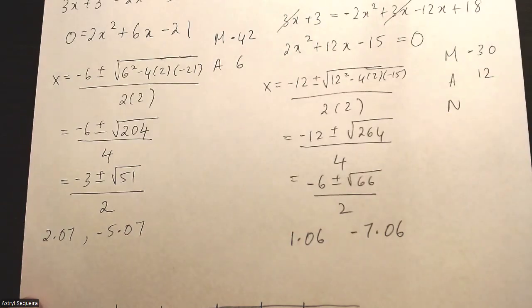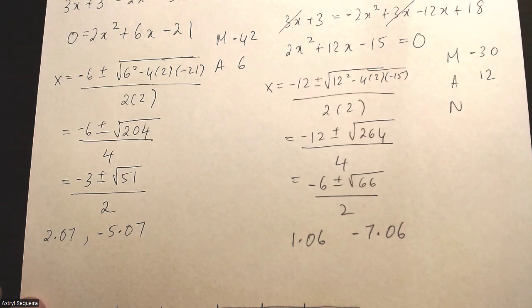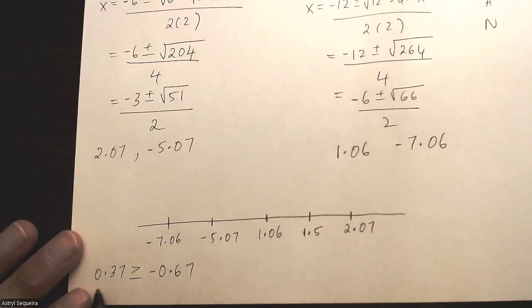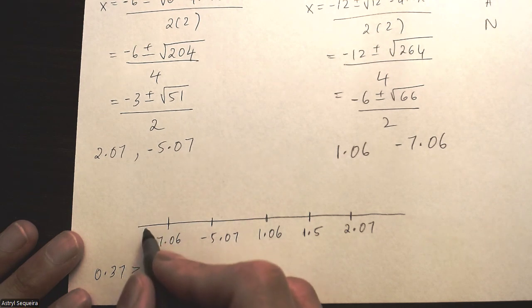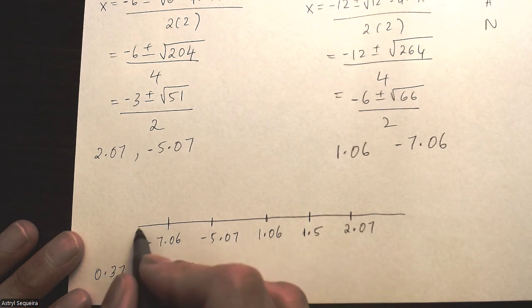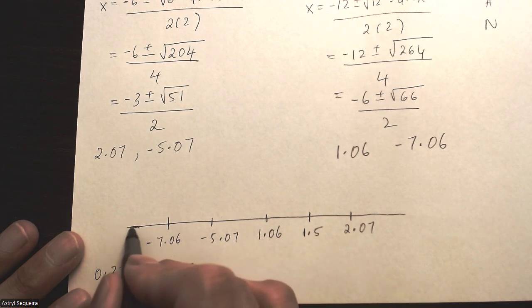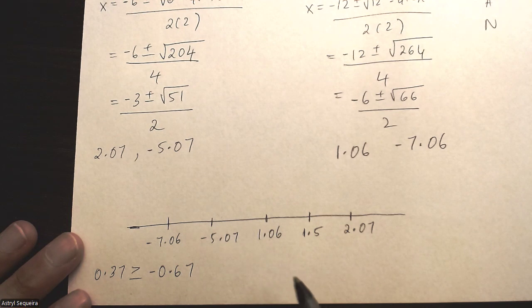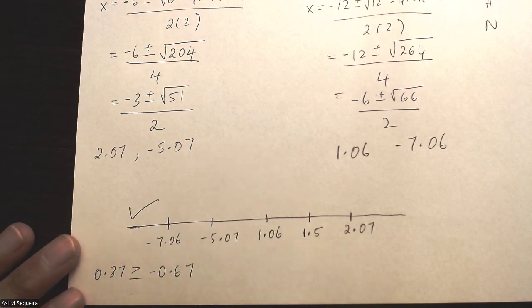I get negative 0.67. So is this true or is this false? Well, this is true over here, which means that this part of the solution is good, it works. That part right there is good.